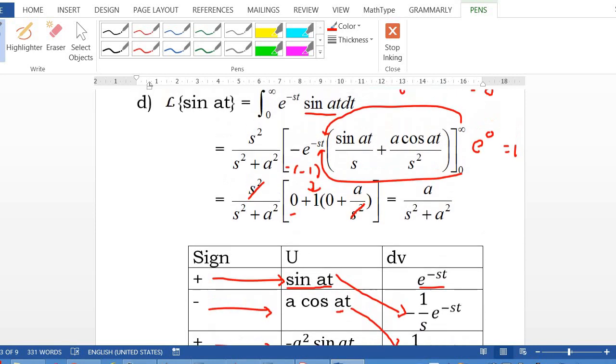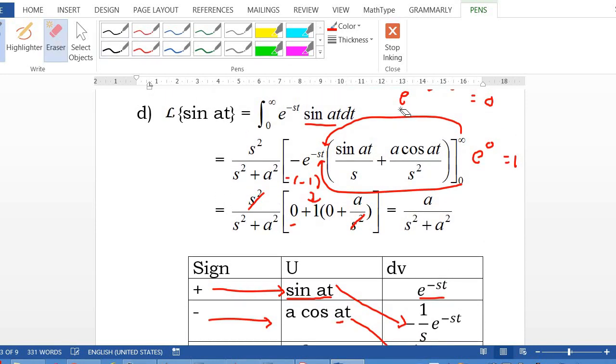I erase first, otherwise it's very crowded for you to see. So here, positive sin at times negative 1 over s e to the negative st, where I factor out negative e to the negative st, so multiply with sin at over s.